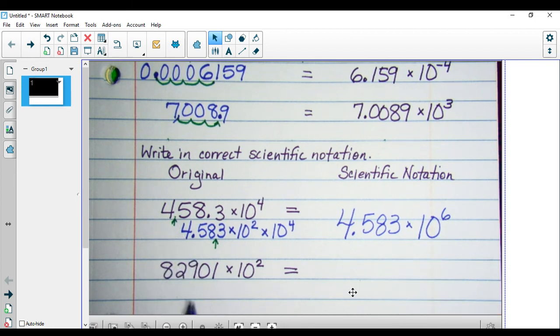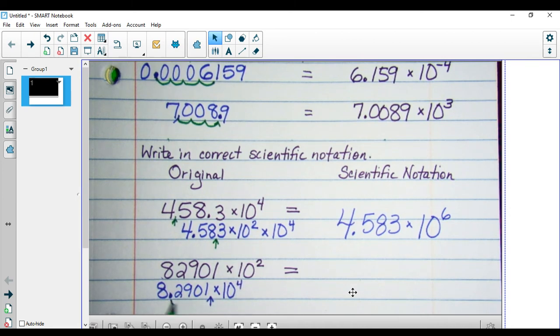For this one, I write my first significant digits as 8.2901. But this is where the decimal is originally in our problem. In order to make 8.2901 worth 82,901, I have to multiply it by 10 to the 1, 2, 3, 4th power.